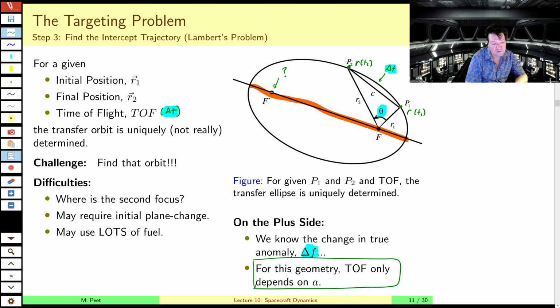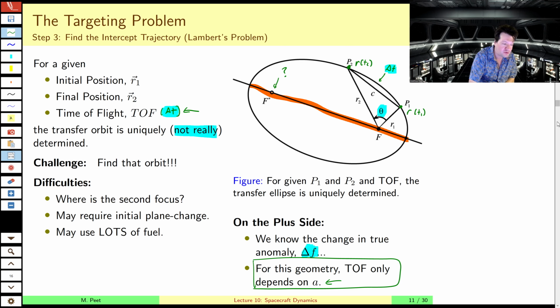So this is a problem which is relatively uniquely defined. I say not really here because there are actually many cases there. I don't want to get into trouble for saying something that's not true. I'll show why it's not uniquely defined all the time later on. But it's more or less uniquely defined given these 3 bits of information. And the piece that we really need to know is how this time of flight affects the semi-major axis. And that is Lambert's problem.